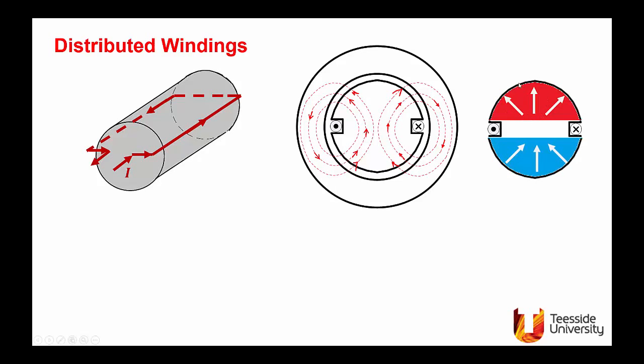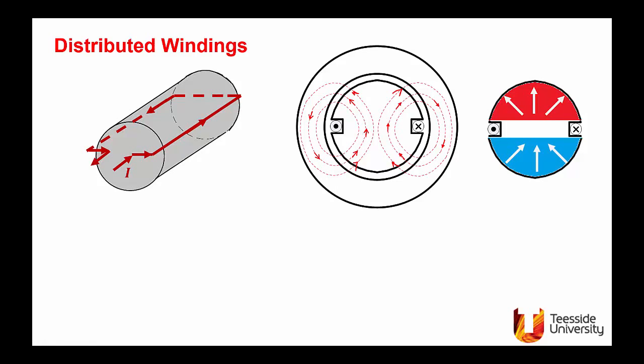I know this sketch reminds me of the French flag, but the point I'm making is the top half will be magnetized in a direction opposite to the bottom half. That's north and south, and we only used one coil and two coil sides.